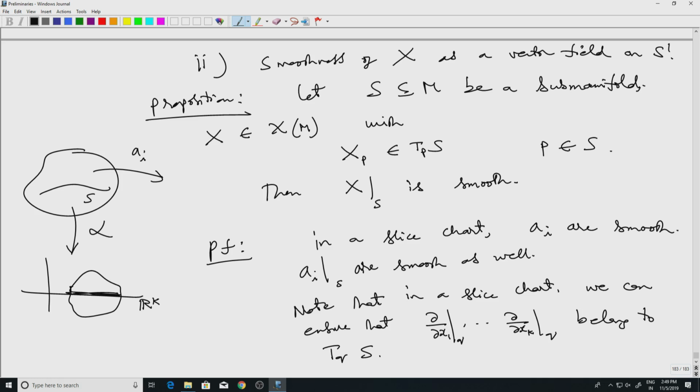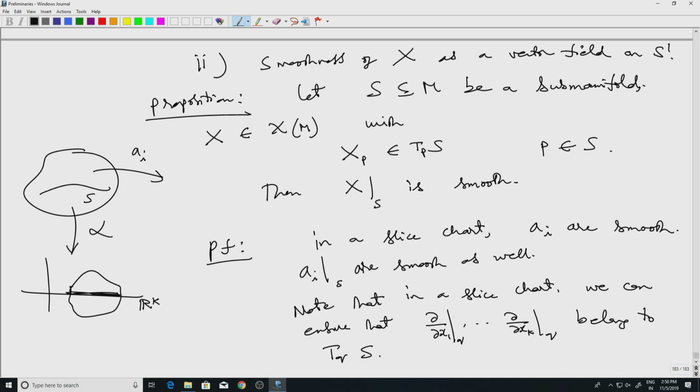So the very definition of a slice chart is that it's a chart on the full open set in M, which when restricted to S intersection that open set will give rise to a chart on S itself. So therefore these ∂/∂x1 all the way up to ∂/∂xk are all tangent to S. And since these functions a_i are smooth, actually all I care about is a1 up to ak, they are smooth.